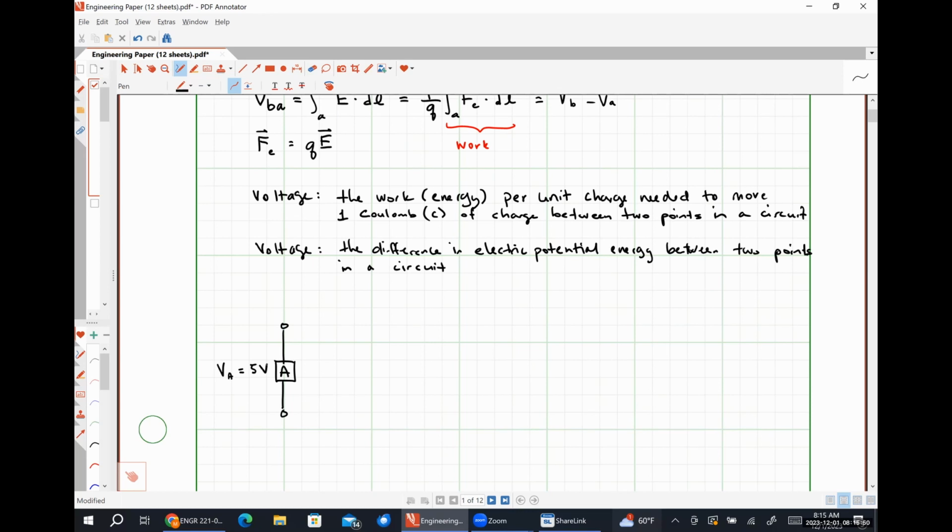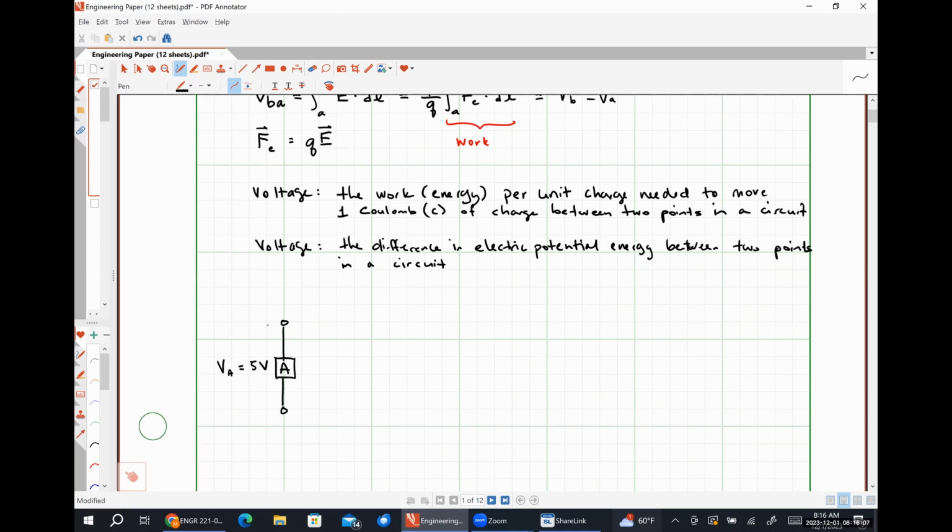Now, this is an incomplete representation of voltage, okay? So to this point, I have told you what the magnitude of the voltage is, but in this class, we are going to be dealing with polarities as well. So I'm going to arbitrarily choose to put the positive polarity terminal on top and the negative polarity terminal on bottom.